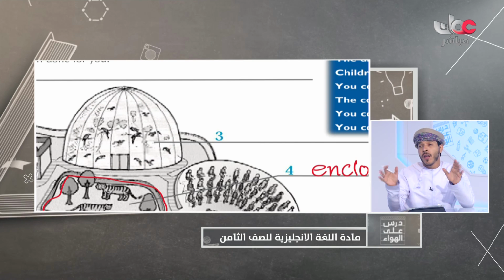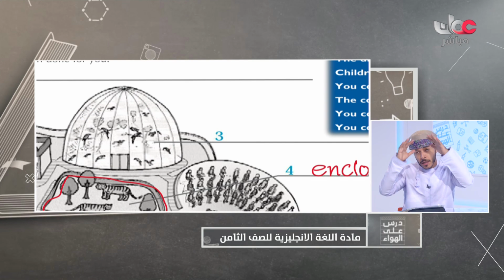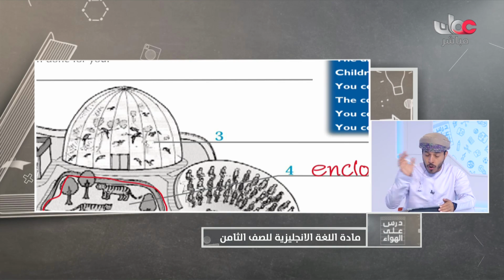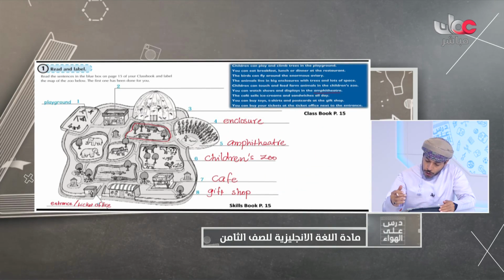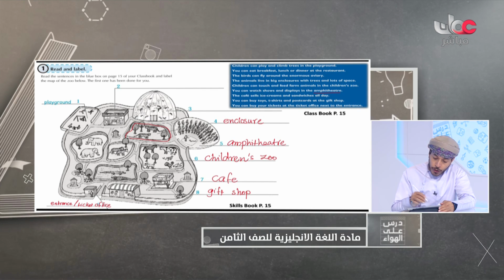These birds can fly, but they are flying inside a closed area. They cannot go outside. So we call these what? The birds can fly around the enormous aviary. Aviary.